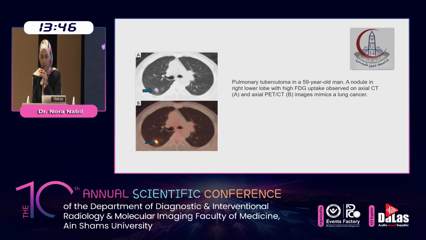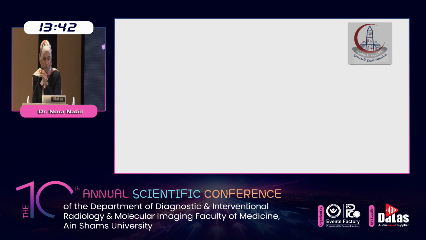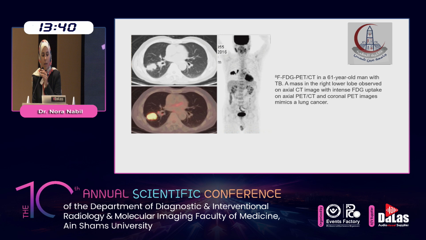It mimics malignancy. However, by biopsy, the diagnosis is a tuberculoma nodule. Another example, PET-CT in a 61-year-old man with TB: a mass in the right lower lobe observed on the axial CT with intense FDG uptake. It also mimics lung cancer.